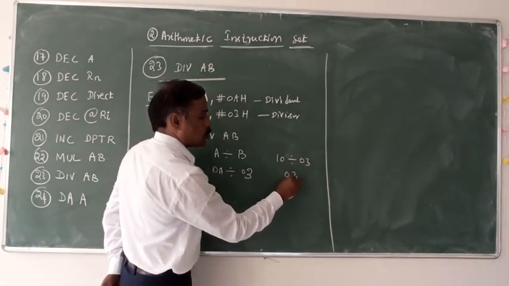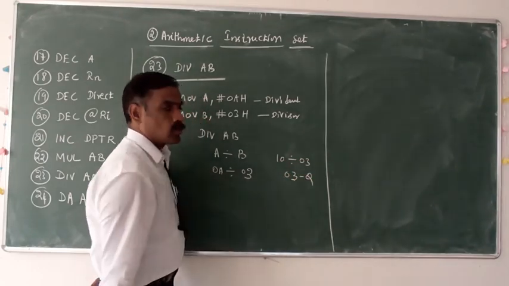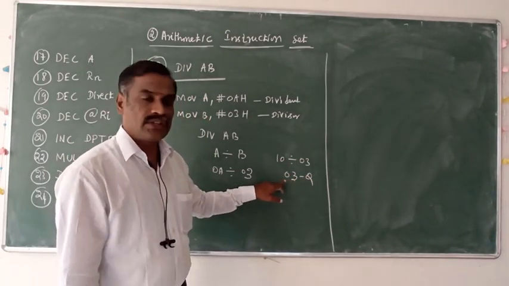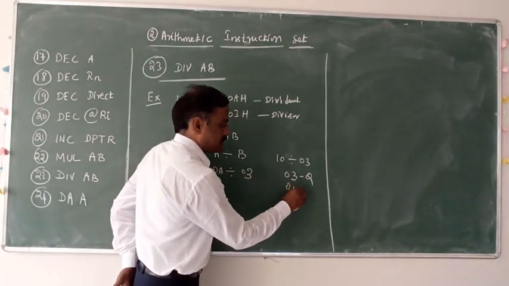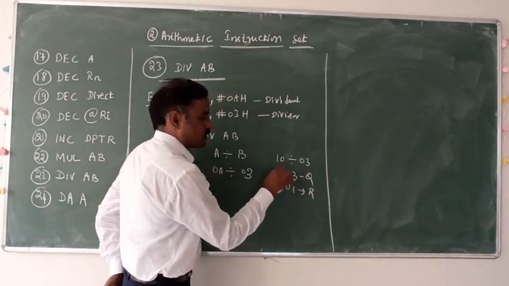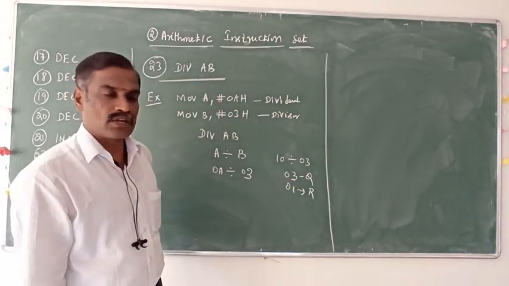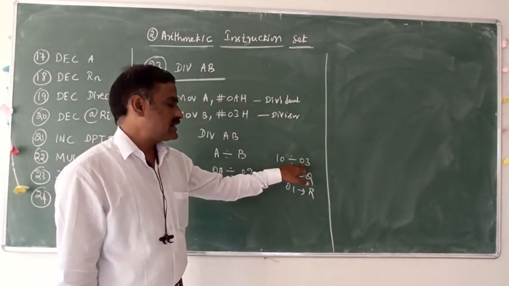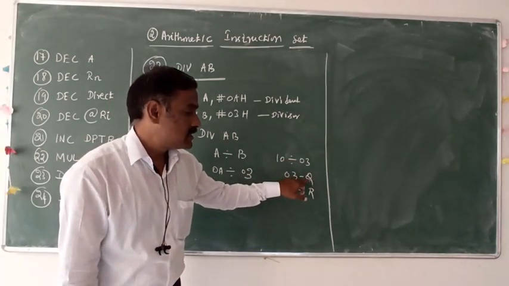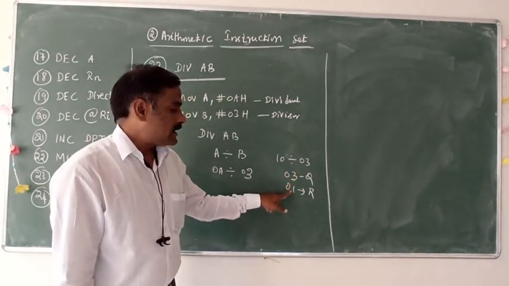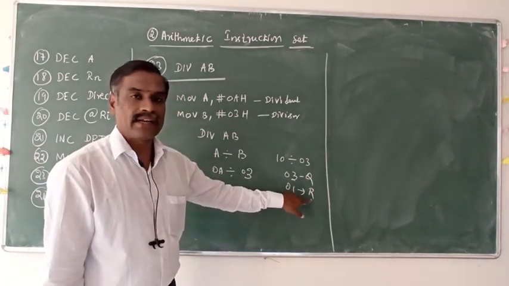Here the quotient is 03 and the remainder is 01. 10 divided by 3 means 3 times it will divide, that is the quotient, and 1 remainder.